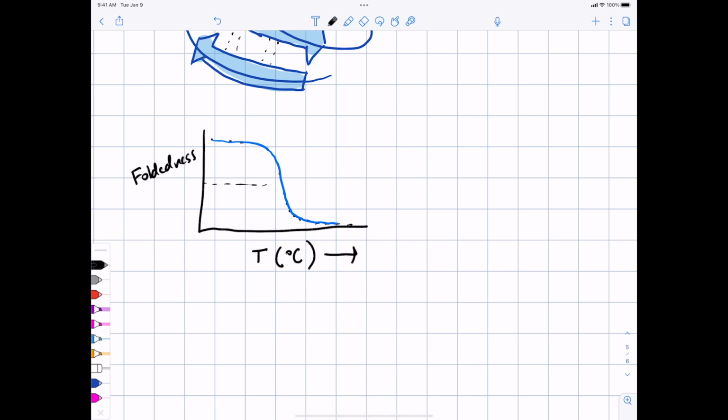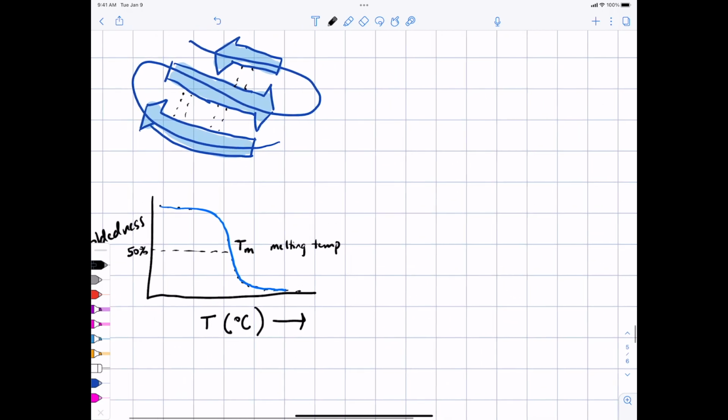For example, the spot where the protein is 50% folded, we call that the TM, or the melting temperature, and that's a qualitative measure for how stable the protein is. If you have to turn up the temperature hotter before the structure goes away, the protein must be more stable. And we can actually turn that number into a free energy to try to understand how stable a protein is.